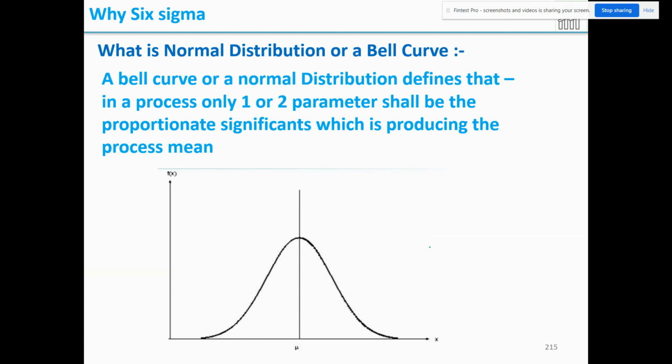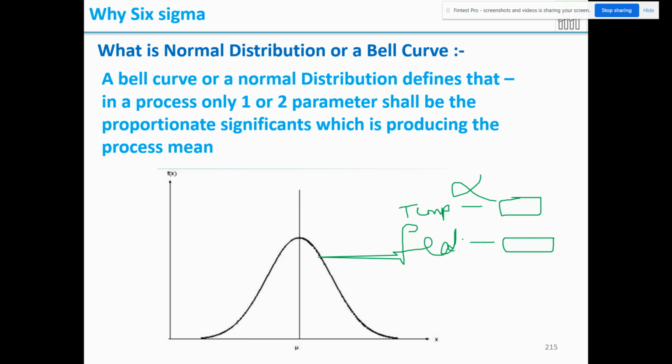now let us say temperature. After doing analysis, you found temperature is a proportionate parameter for the diameter. Then feed. Feed is a proportionate parameter for creating the diameter. And then depth of cut.